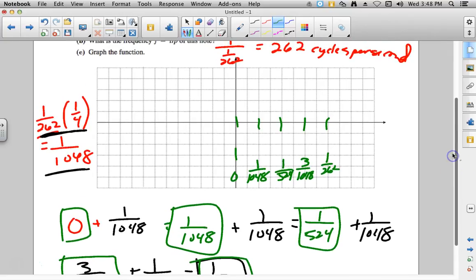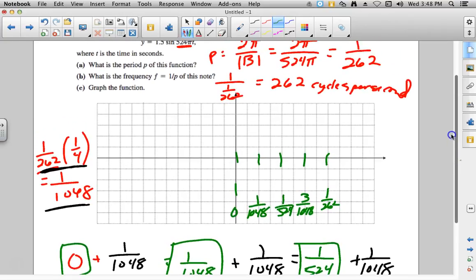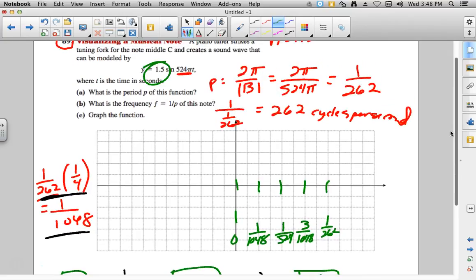Okay, now let's go back and find A again. Well, A, many moons ago, they showed us was 1.5. So we're going to need to go up and down 1.5. All right, so let's get graphing. This is a sine graph, and sine is going to start at 0.